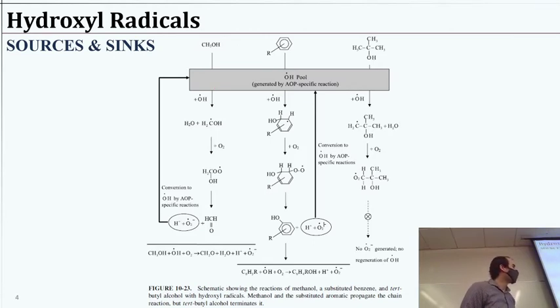Now, you're probably going to have a net loss, I believe, but you do end up having some contribution back into the radical pool.